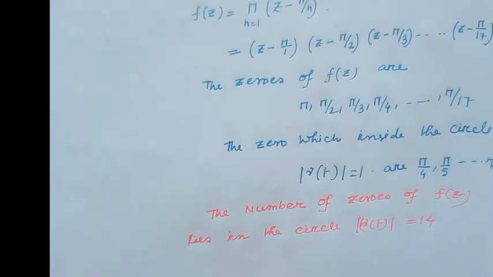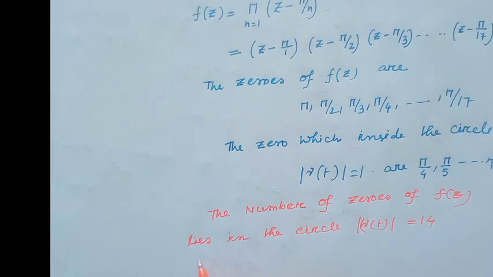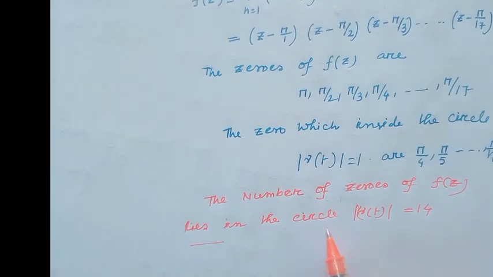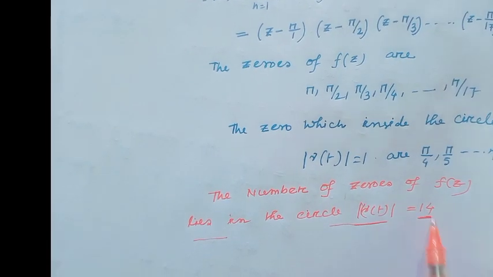The number of zeros of f(z) lying in the circle gamma(t) is 14.